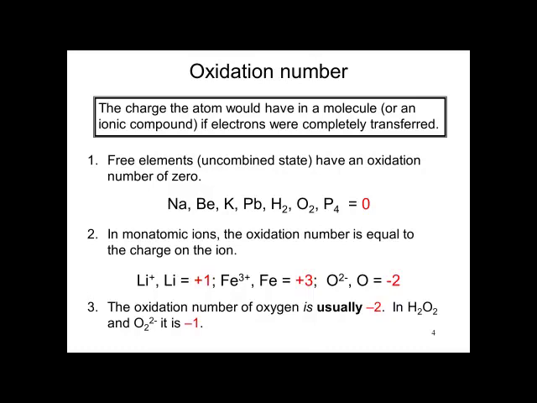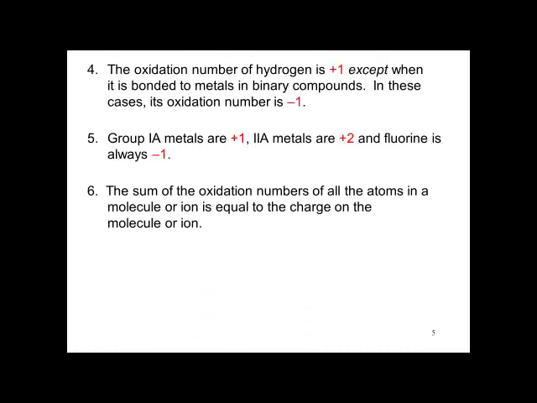The oxidation number of oxygen is usually -2. The exception is peroxide, when oxygen is -1. The oxidation number of hydrogen is +1, except when it's bound to metals in a binary compound as a hydride. In these cases, it's -1. Group 1A metals are always +1, Group 2A metals are +2, and fluorine is always -1.